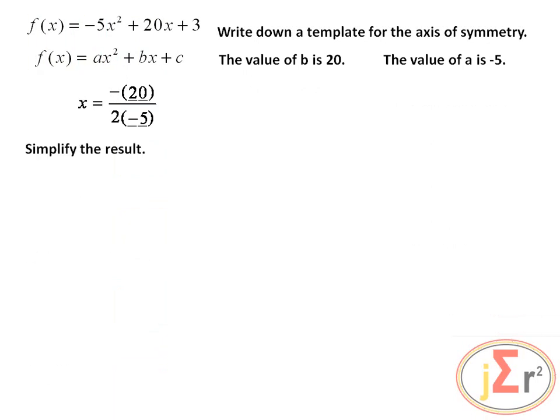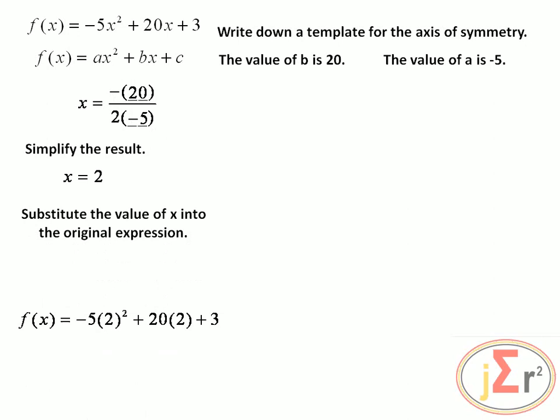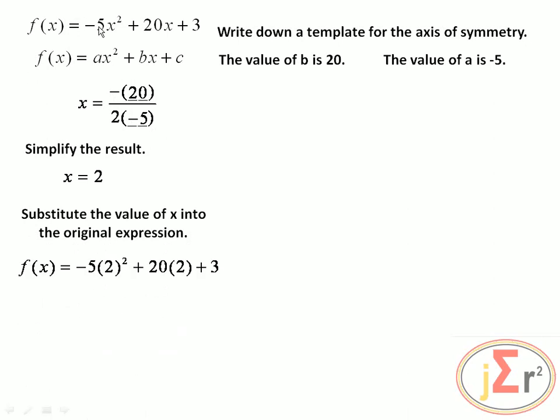So simplify the result. We have negative 20 over negative 10, so that is sure to give us a positive 2. Substitute the value of x into the original expression, and we have negative 5 times 2 squared plus 20 times 2 plus 3.